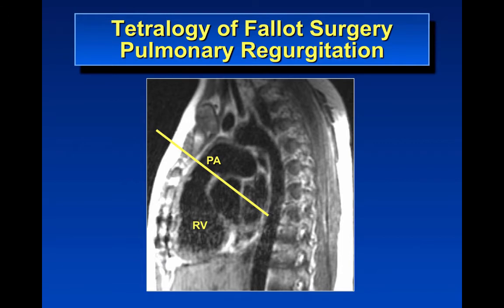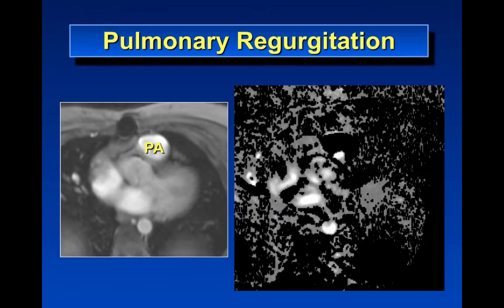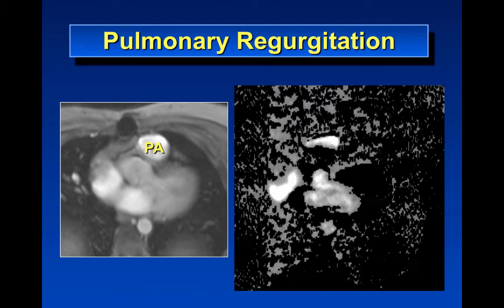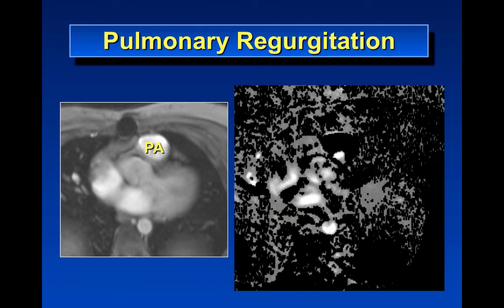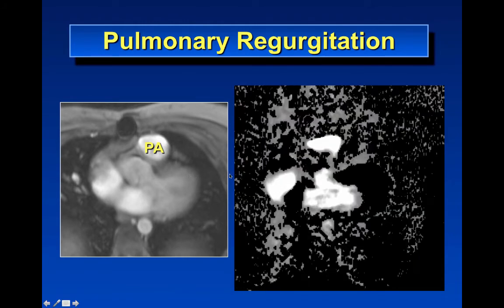So we can interrogate the pulmonary artery, and we do it at our institution just distal to the pulmonary valve. This is the pulmonary valve location, and we interrogate here using the velocity-encoded Cine MRI phase contrast technique. And you can see on the left side here we have a magnitude image, on the right is a phase image of the phase contrast.